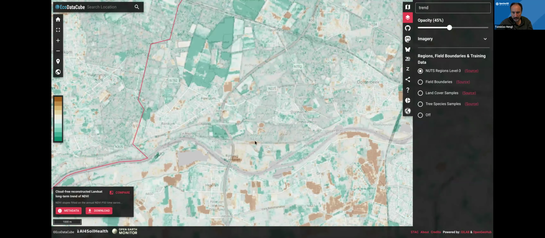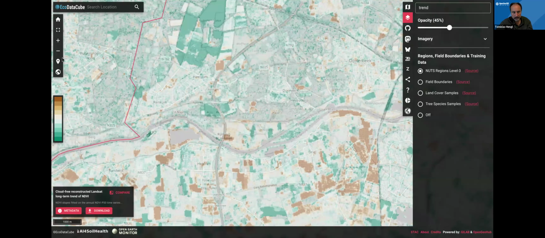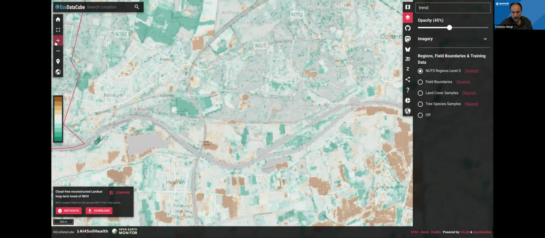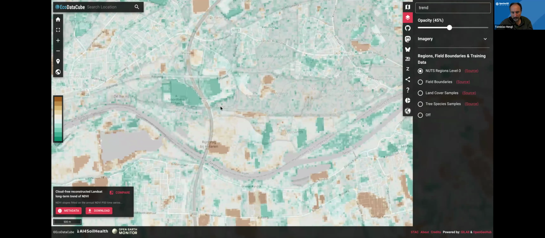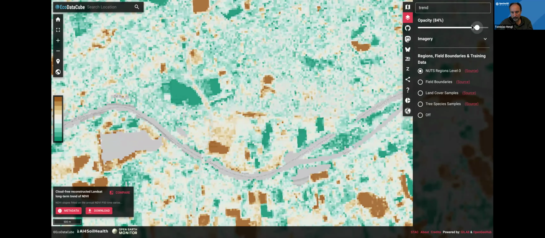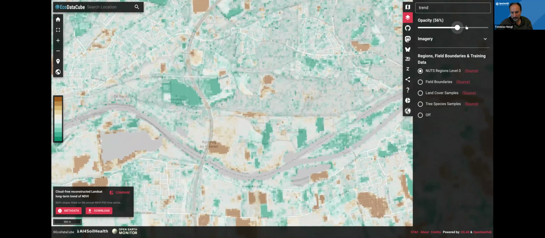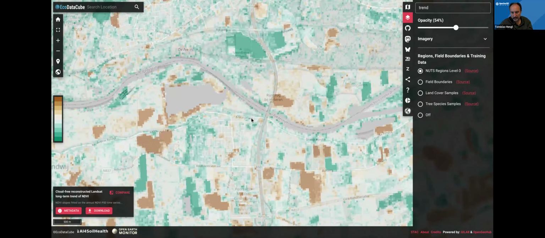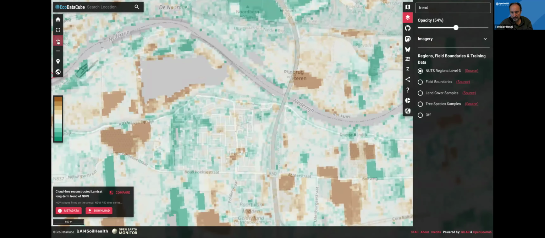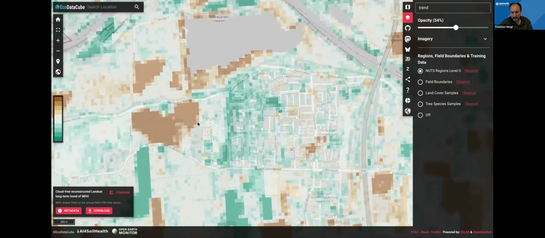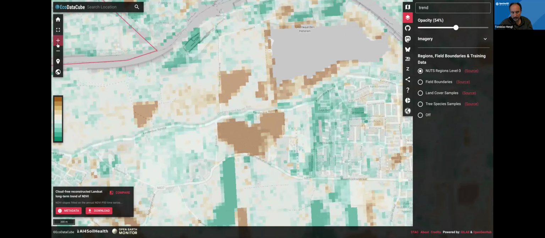So I can see the areas where, and they can be next to each other, as you can see, we can have gains in the green areas where there are gains in NDVI, and we can also have places where there's a loss. So let's say this little area here seems to have a loss in NDVI. And so that's very interesting to see why this happened.